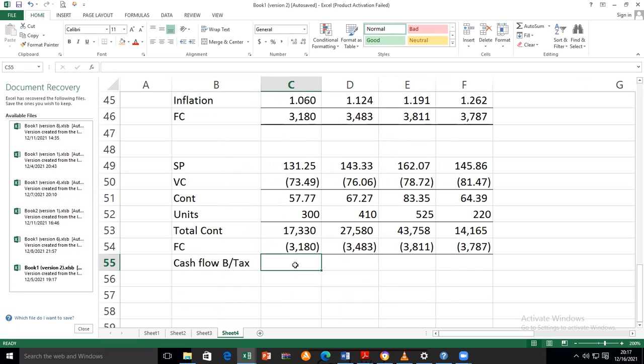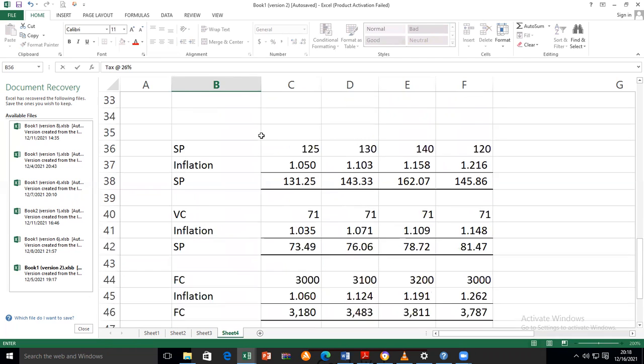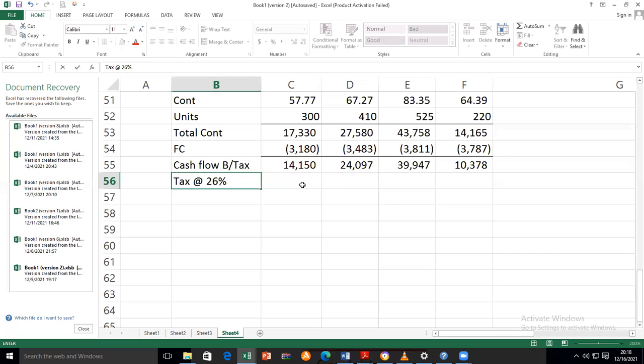For tax. Let's look at the story for tax. What have they told us about tax? What's the tax rate? 26%. When is it paid? In the year it arises. Okay.